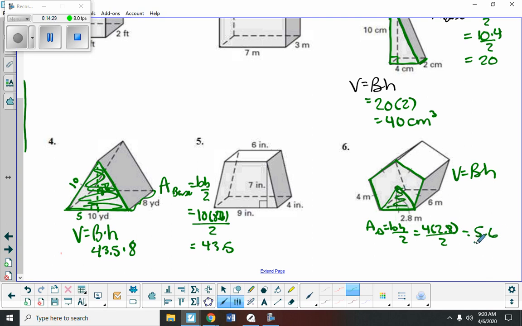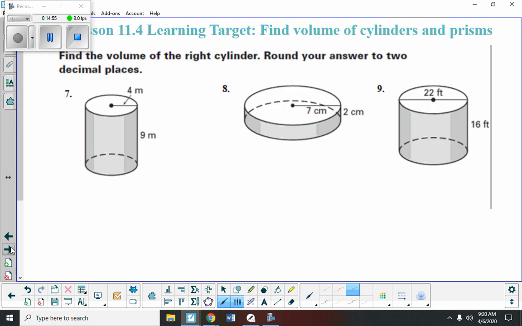And then lastly we have to multiply that by 5. And you get 28. And so the area of the entire base is 28. The height, the distance between the two bases, is 6. And you get 168. Like that.